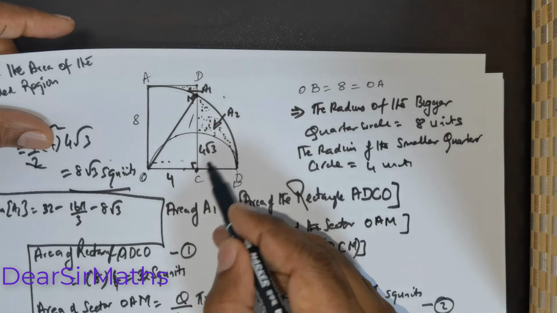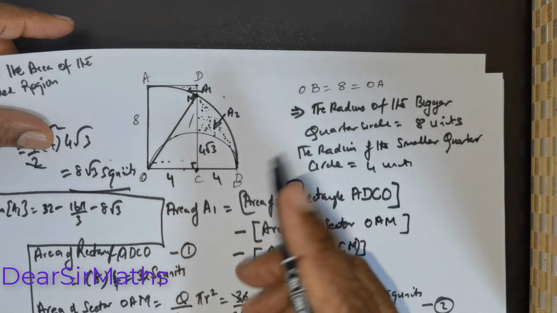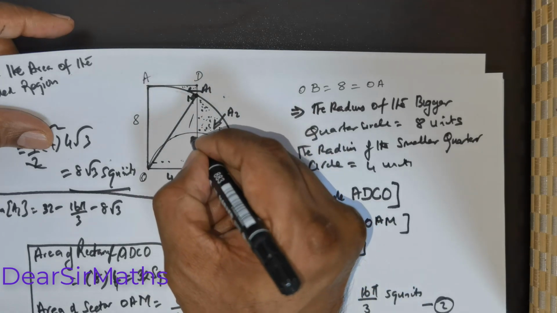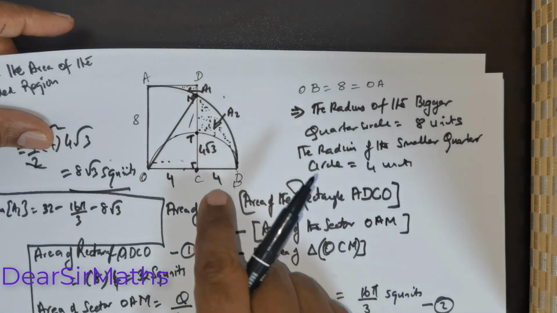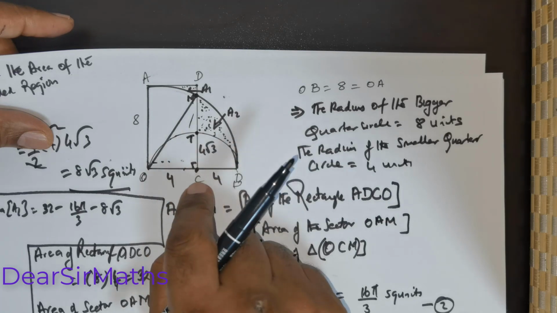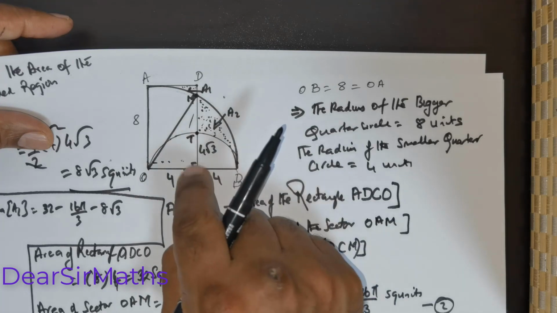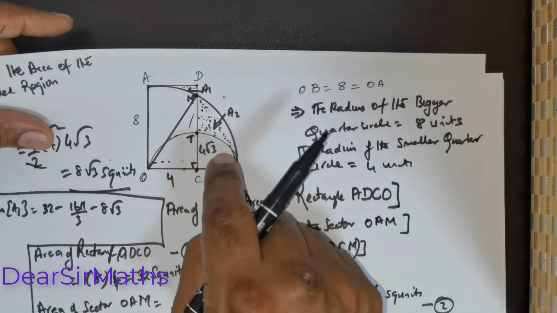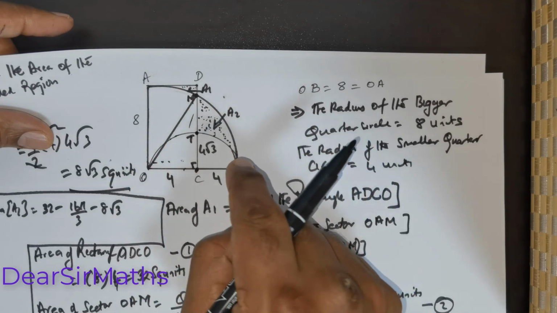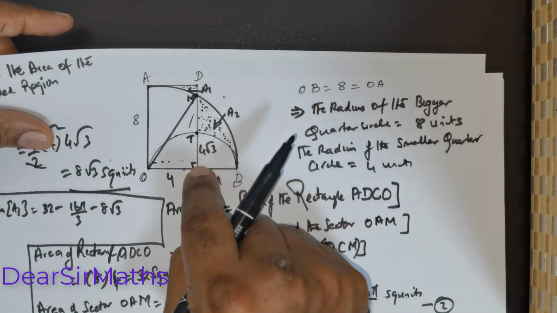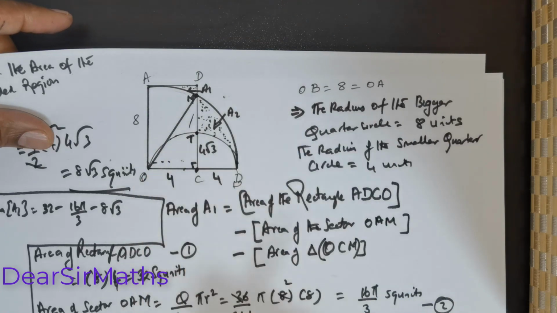So I need to get rid of this sector. Say probably I will give a point here as T. So I will have to remove this sector CTM, or area of this part of the circle, small quarter circle, right? You can either take it as sector, it doesn't matter, because this is going to be 90, it's clearly known.